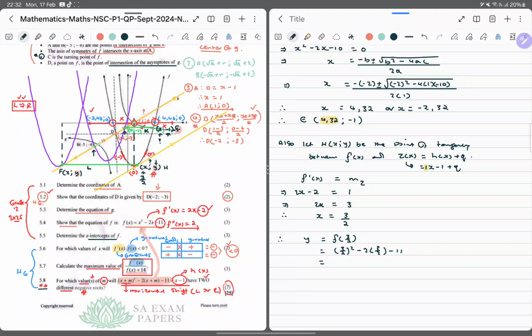So yeah, guys, I don't know why they asked this question. I really don't know, because I don't think there's an easier way. I doubt. 3 over 2 squared minus 2 into 3 over 2 minus 11.